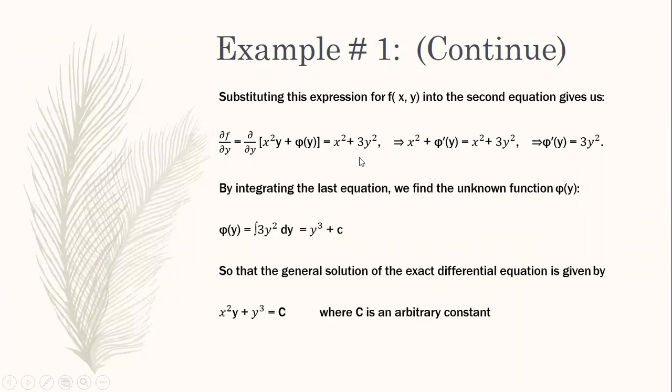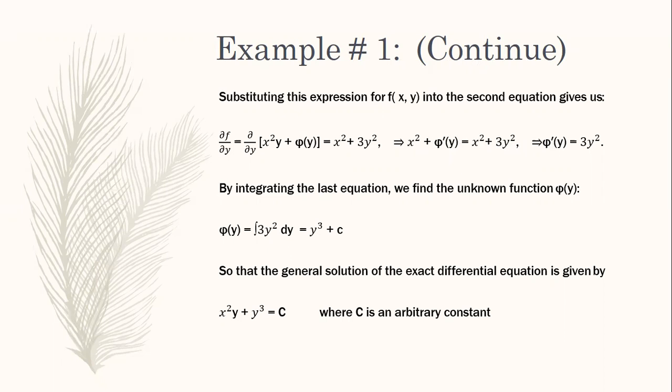Then we do the integration of this one, and the whole equation is equal to x squared plus phi prime of y equals x squared plus 3y squared. Here both x squared terms cancel, so the final equation will be phi prime of y equals 3y squared.